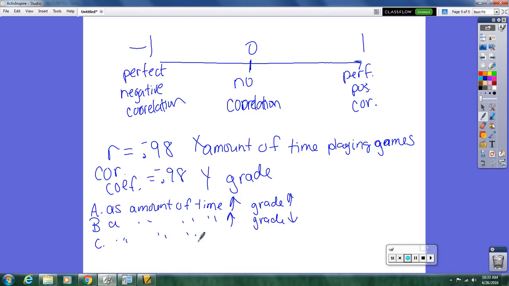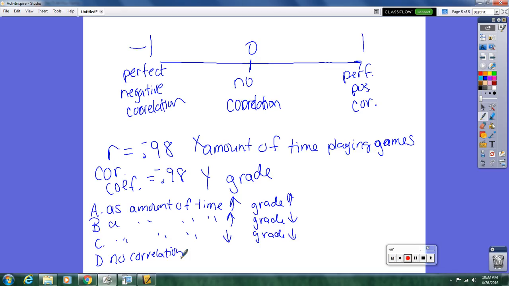As the amount of time decreases, the grade decreases. Something like that. Or they may say there is no correlation. And what they're expecting you to know is, first of all, if it's negative, if one goes up, the other goes down. And then they're going to expect you to put those variables in there.